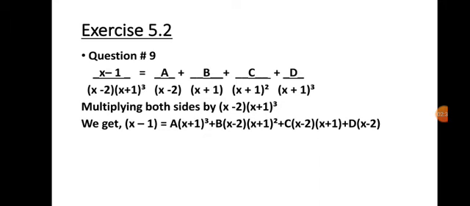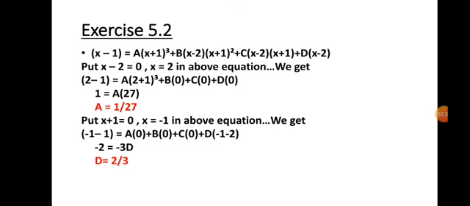Because x minus 2 is in the denominator in the first partial fraction, it will eliminate x minus 2, and the remaining factor is (x plus 1) whole cube. Similarly, we get these for B, C and D.